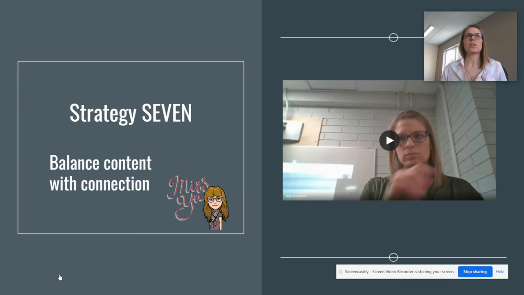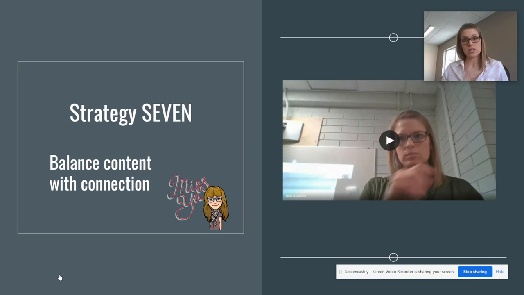They will care less about content if they are not hearing from you and hearing that you still care about them and that they are still important to you, and you're checking in with them and you're telling them funny stories, or you're choosing not to show a webcam on any video you create. Don't just show them content. They want to be connected to you now more than ever.